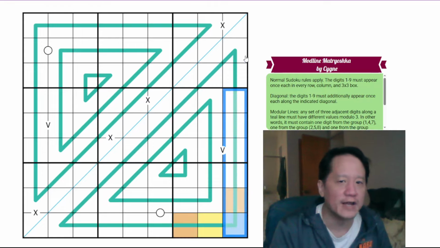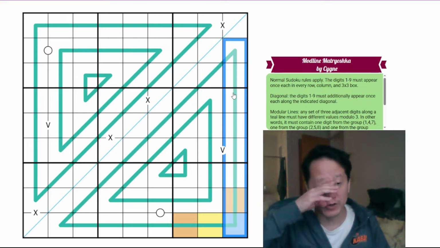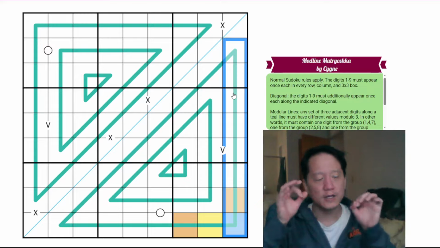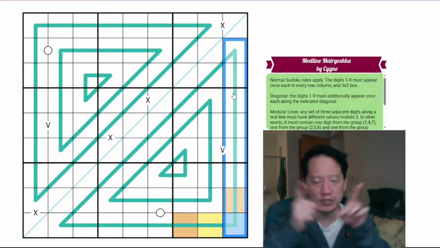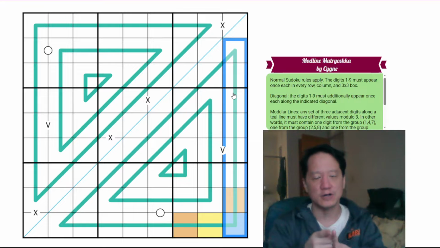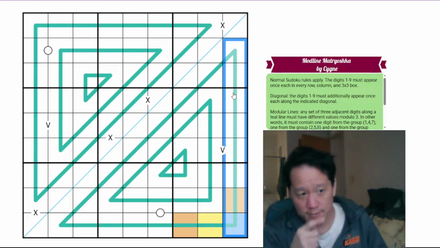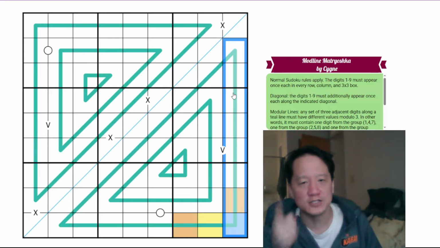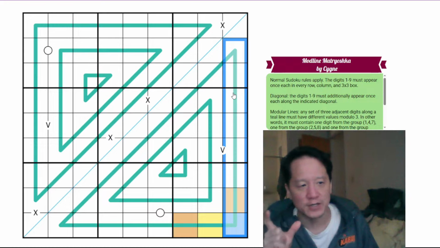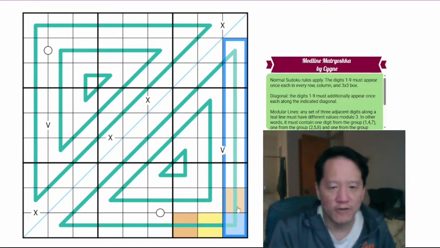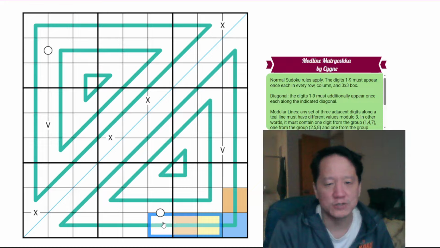And that works for any type of line where you have 3 cells in a row, for which you have to have one of each set. So with these 3 cells, we're missing a blue, so we have yellow and orange, so this must be blue. And we can keep going along that.